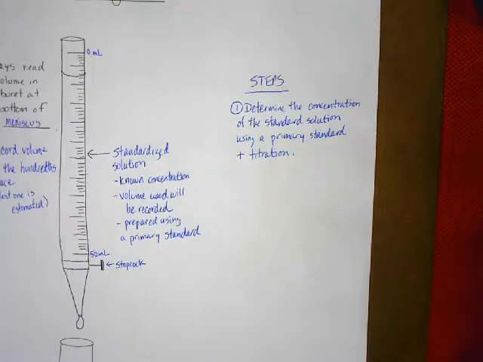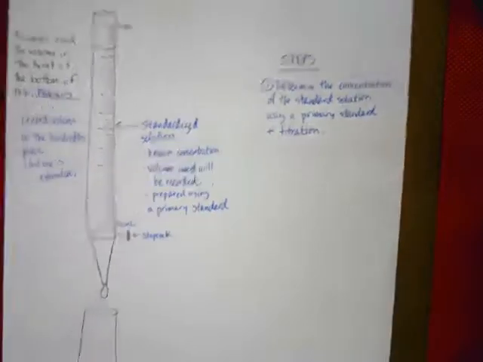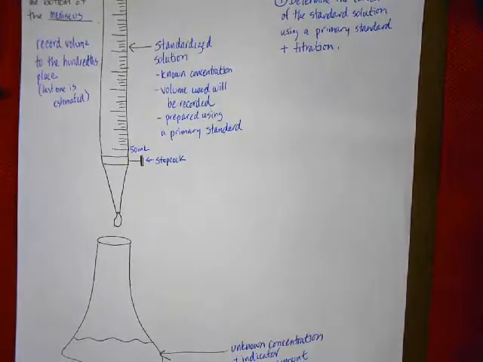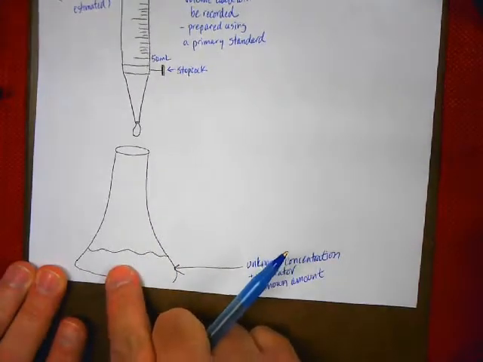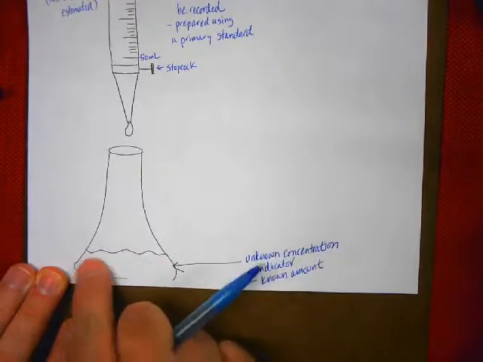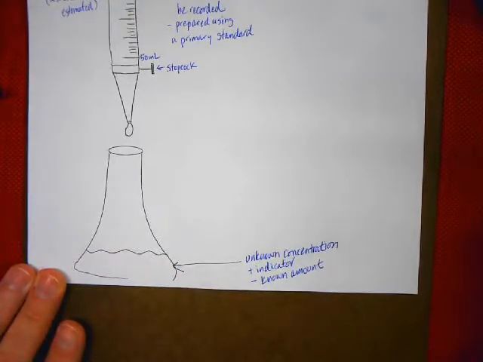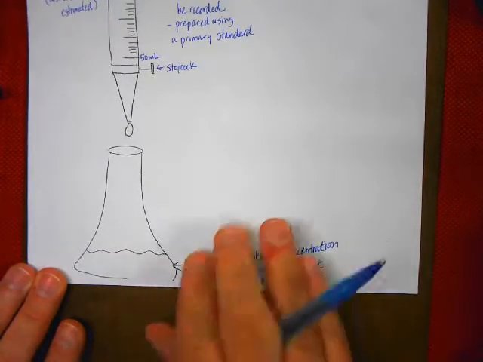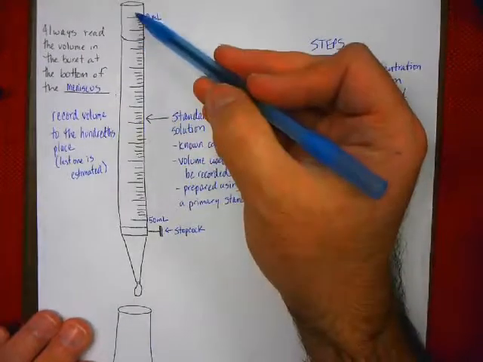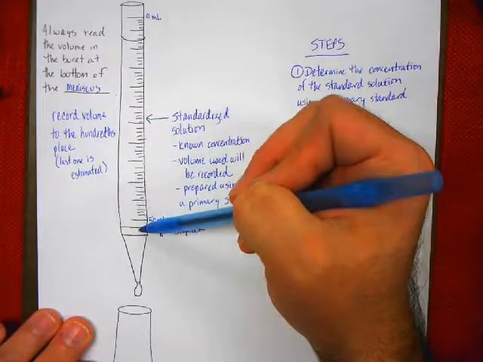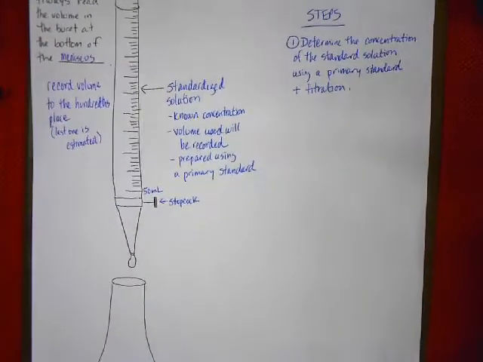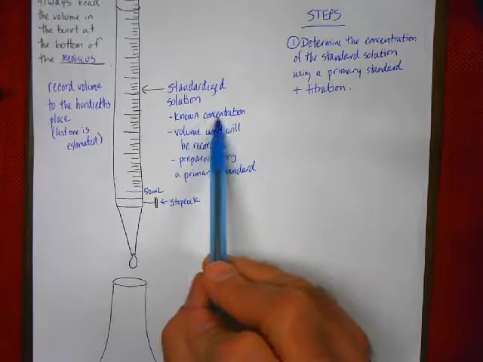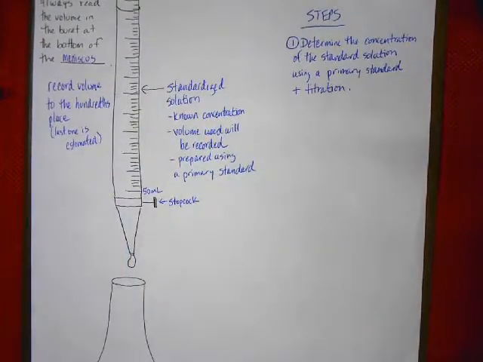So what we're going to do is we're going to put our primary standard, a known number of grams, into the flask down here at the bottom. We're going to add water in order to dissolve it, and we're going to put an indicator. The solution that we're trying to standardize, we're going to put in here. We kind of switch things around a little bit with this titration because we're trying to figure out what concentration is in here.